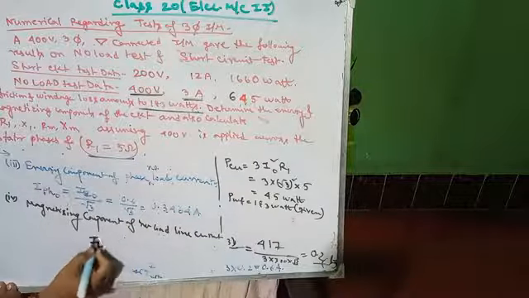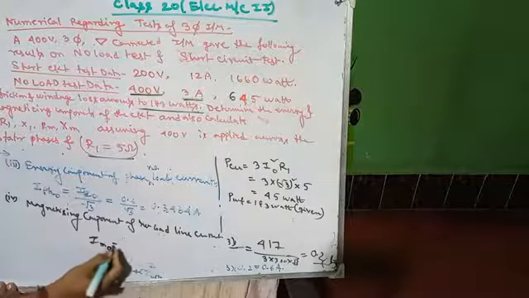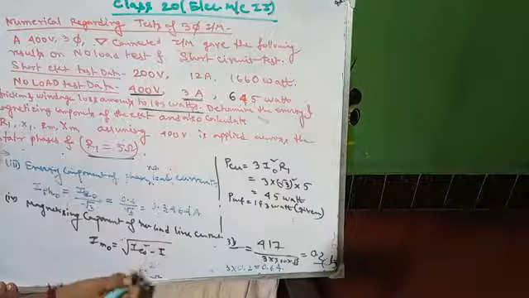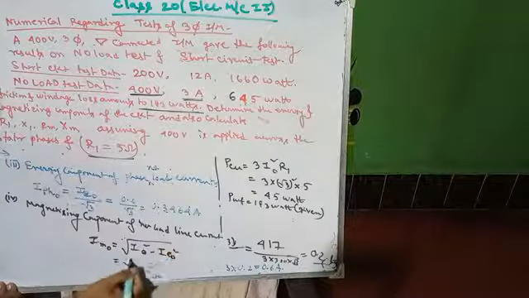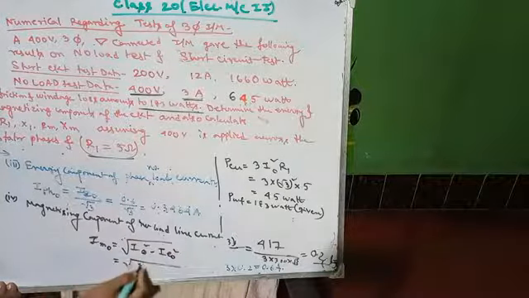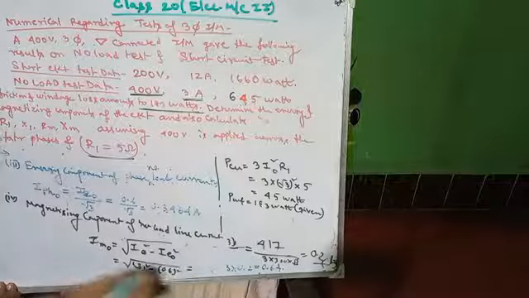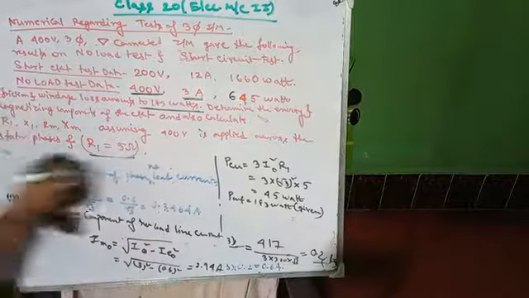I_M0 equals root over of I_E0 square minus I_0 square minus I_E0. Okay, so it will be equal to root over 3 square minus 0.6 square. So that will be equal to 2.94 ampere. Okay, so fourth one is completed.